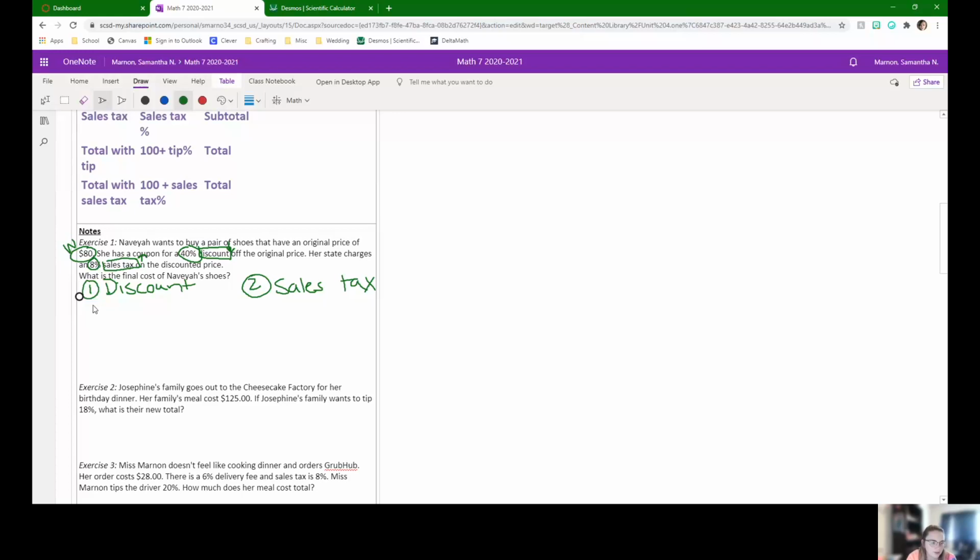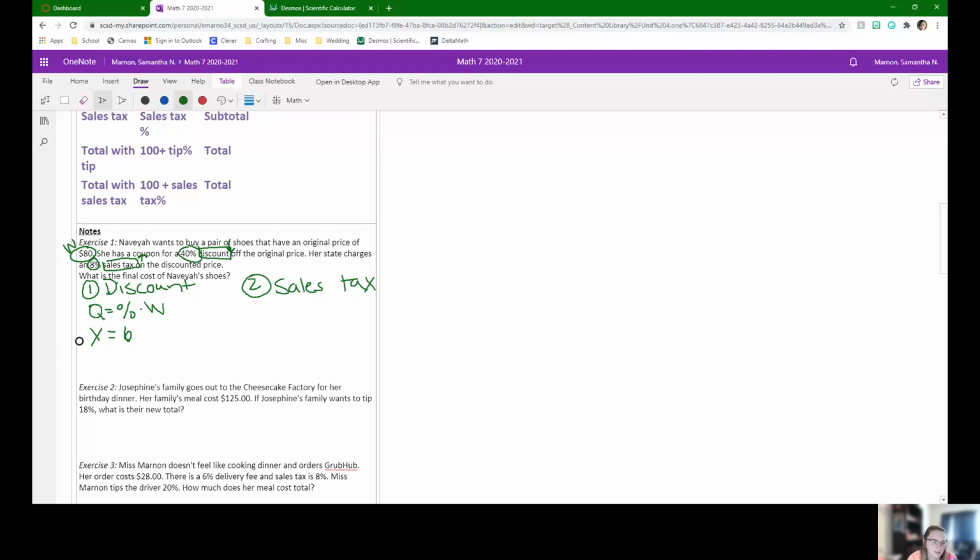So let's do our discount first. Quantity equals percent times whole. This is just like the markdowns we did on Tuesday. So our quantity is going to be what we're trying to find. We want to know what the selling price is or what the discount is. I'm going to do my discount the lazy math way. So if you go back to your markup notes or your markdown notes, instead of using this 40%, I'm going to do 100 minus 40. So my X is just going to be the discounted price.